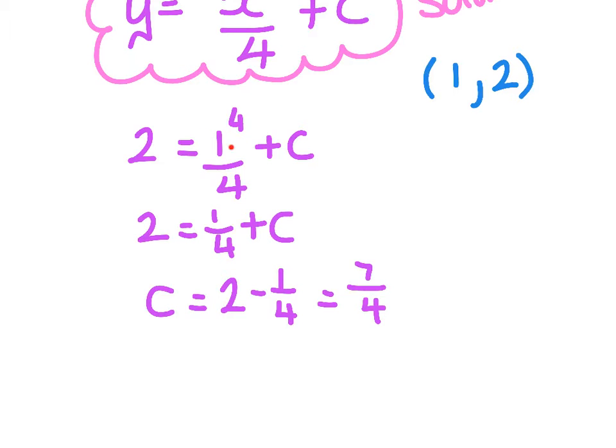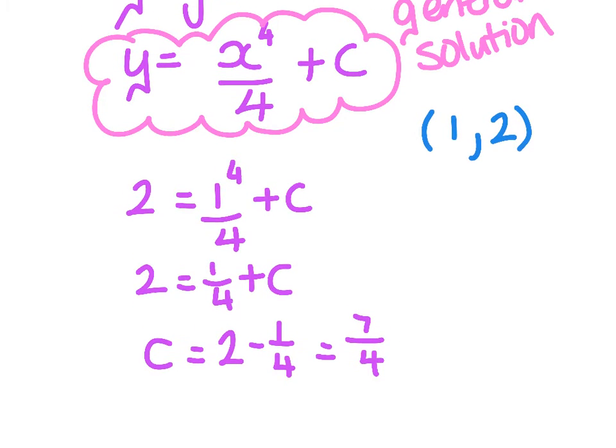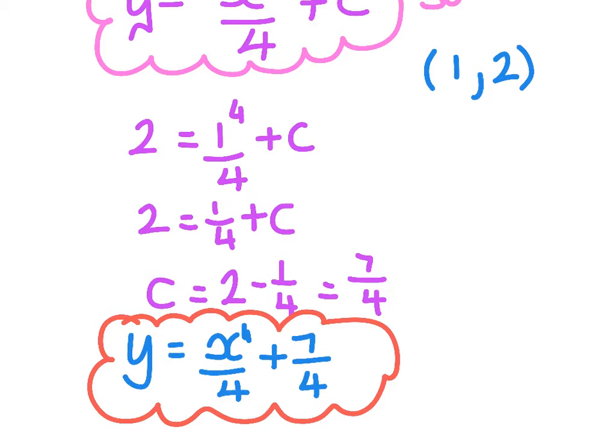So 2 is equal to 1/4 plus c, so c must be 2 minus 1/4, which is 7/4. Now that I've worked out c, I can put this back into the general solution, and I'll have now a particular solution. And so here I have the particular solution.